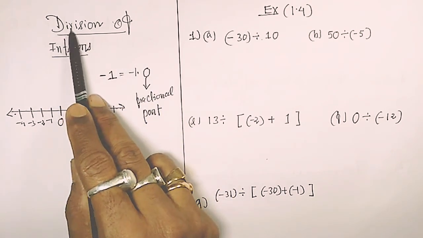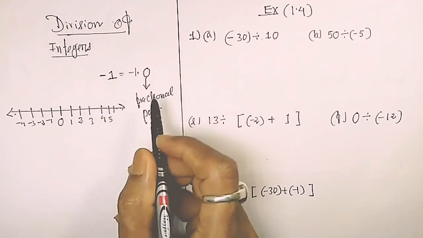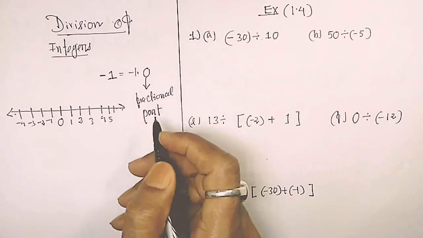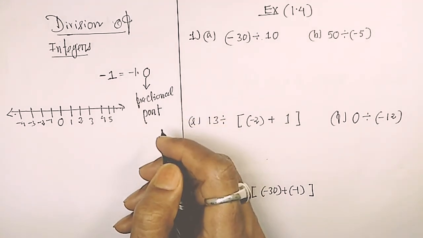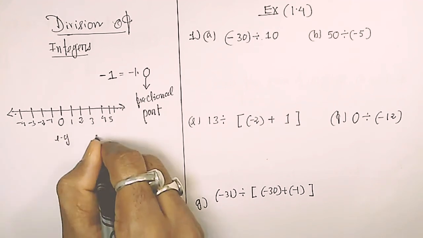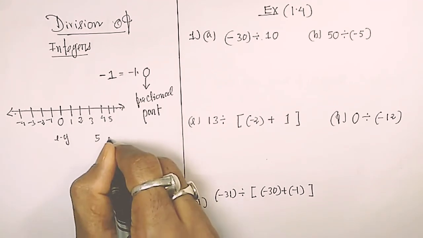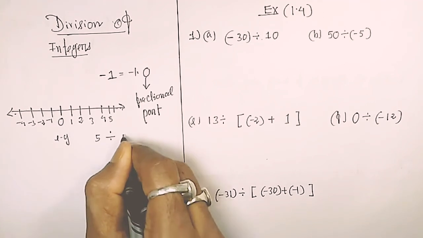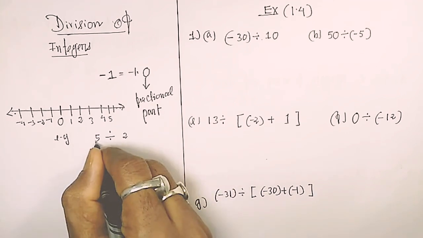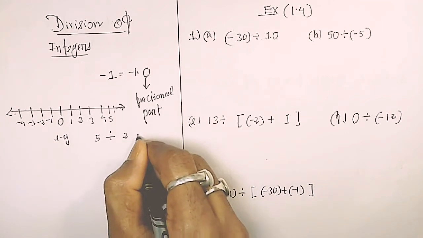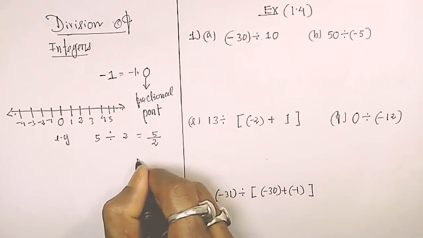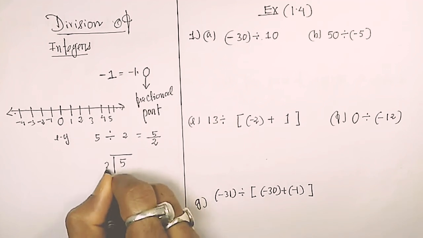Now what is the main topic? Division of integers. In this topic basically we will learn how to divide any two integers. So for example, 5 is an integer, divided by 2. 5 is an integer, 2 is also an integer, so we should divide 5 by 2.